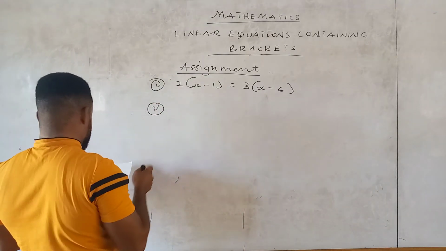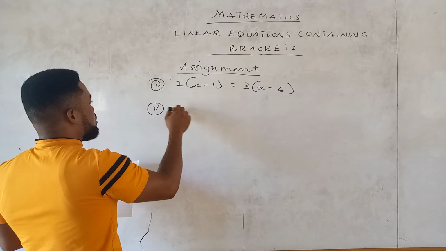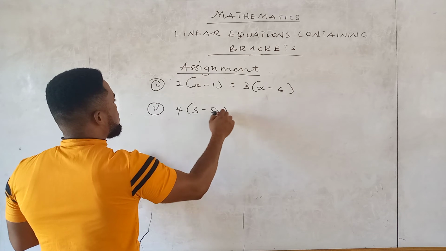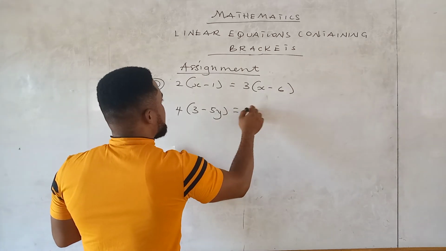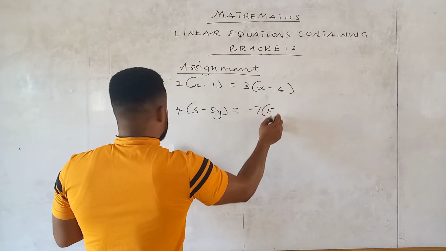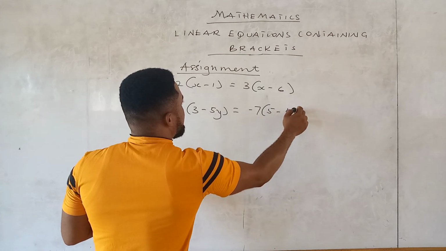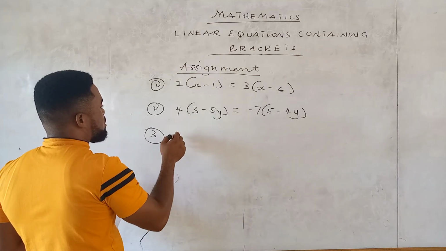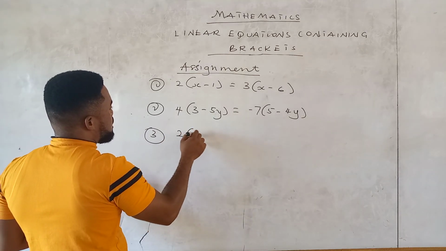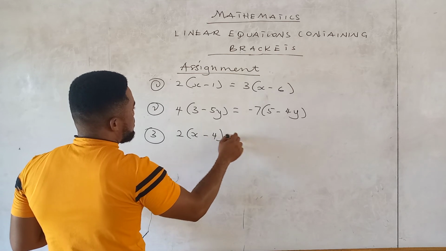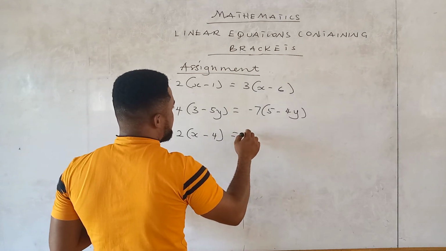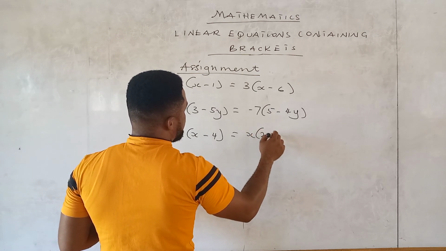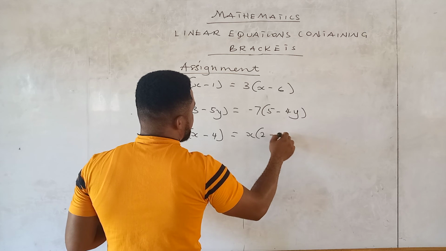Then number 2: 4 into bracket 3 minus 5y equal to 7 into bracket 5 minus 4y. Assignment 3: 2 into bracket x minus 4 equal to x into bracket 2 minus 5.